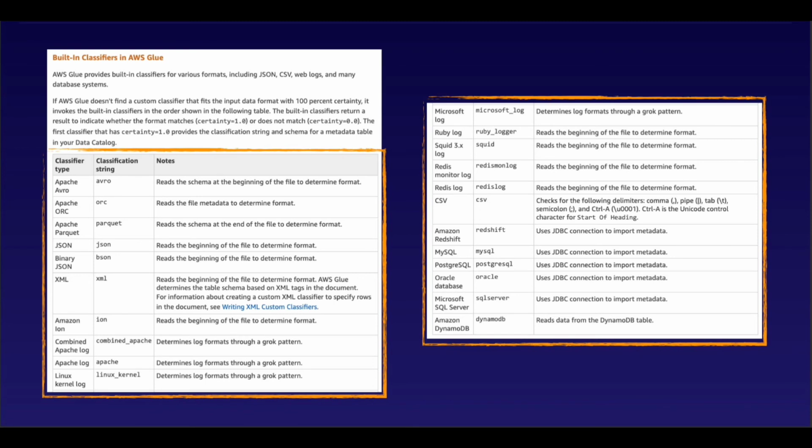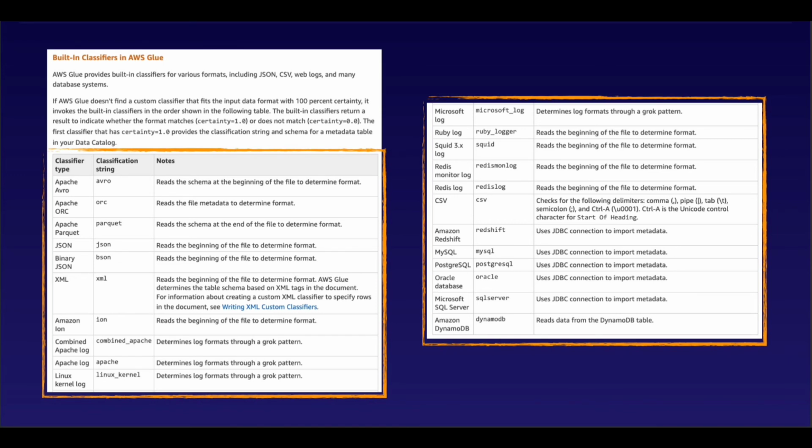Now, if a classifier can't recognize the data or it's not 100% certain, the crawler invokes the next classifier and determines whether it can recognize the data. You can think about these classifiers as being similar to a regular expression that can kind of go along and try to find some type of schema or some type of structure in your data. You can also create custom classifiers that specifically lay out what your data looks like.